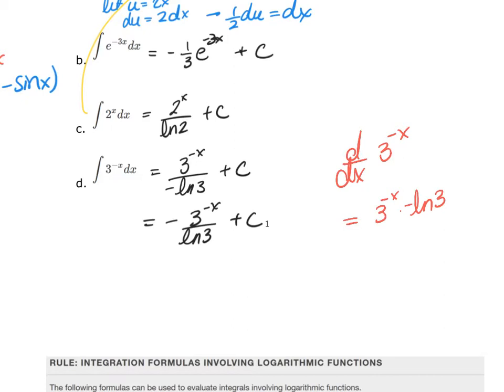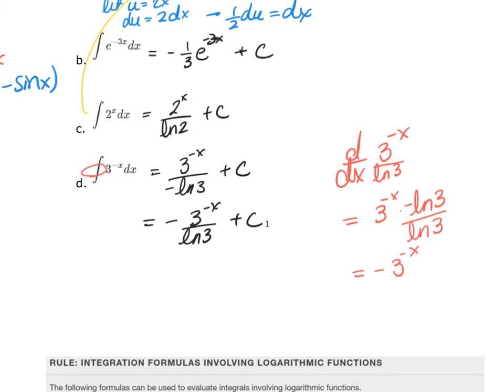If I were asked to do this dividing by the natural log of 3, then the natural log of 3 is just a multiplier. So I would just put this multiplier there, and I would have ended up with a negative 3 raised to the negative x. That would have been my derivative. I don't see a negative here. Because I don't see a negative here, I have to adjust for it somewhere.